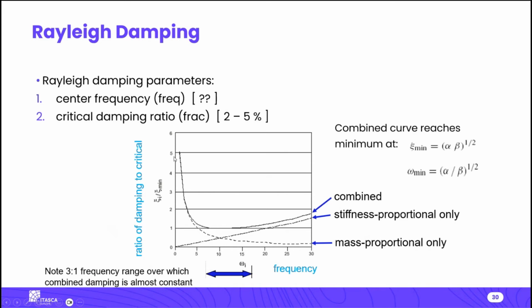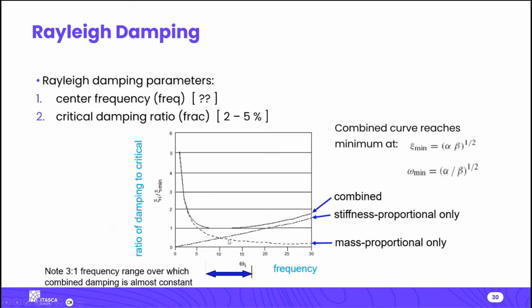So essentially the amount of damping that occurs versus the frequency. And you've got two different lines here. So there's this mass proportional part, which is this dotted line. And you can see that it preferentially damps out the low frequencies. You have this stiffness proportional part, which is this straight line, and it preferentially damps out the high frequencies. So either one of these by themselves is not that great.